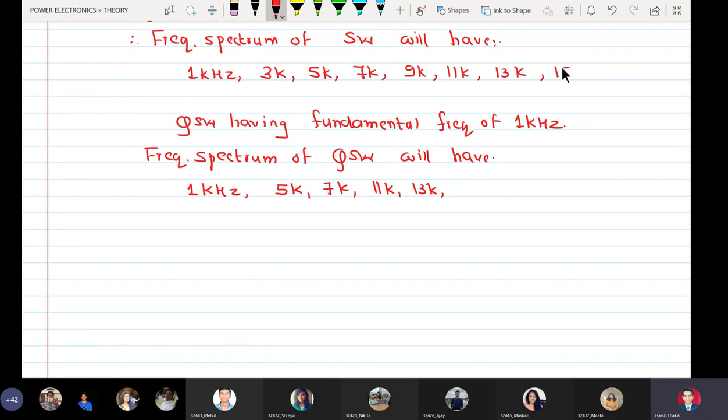Now after 13, a square wave will have 15 kilohertz, but 15 is a multiple of 3, so it will not have it. 14 is even, 15 is triplen, 16 is even, it will have 17K. We can clearly see that 3K is present here, not present here. 9K is present, not present here. 15K is present here, not present here.